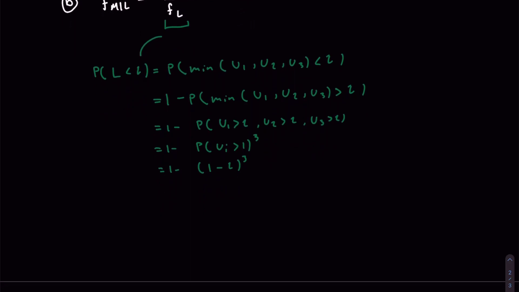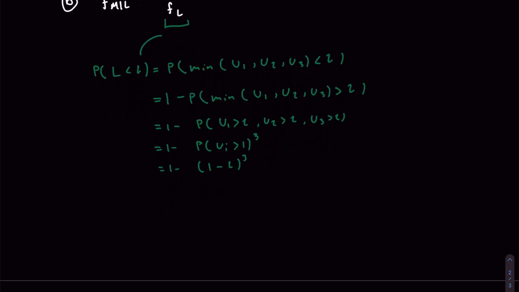But because we want the PDF, not the CDF, we take the derivative of this term. So the PDF here is the derivative of this. So f of L, it's going a little fast now. I'm making some mistakes here. F of L, and that is the same thing as 3 times (1 minus L) squared.